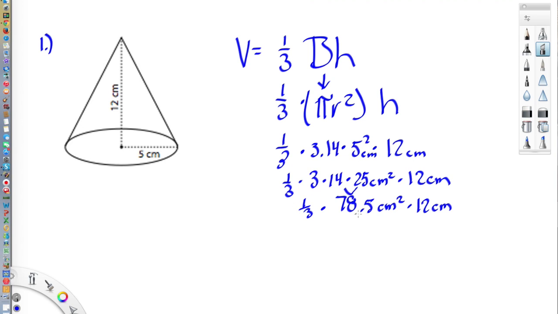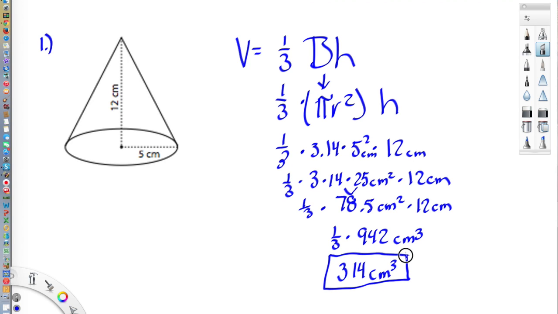And 78.5 times 12 will give me 942 cubic centimeters. I still need to multiply that by 1/3, which is the same thing as dividing it by 3. And if I divide it by 3, I'm going to get 314 cubic centimeters. And that's my final answer.